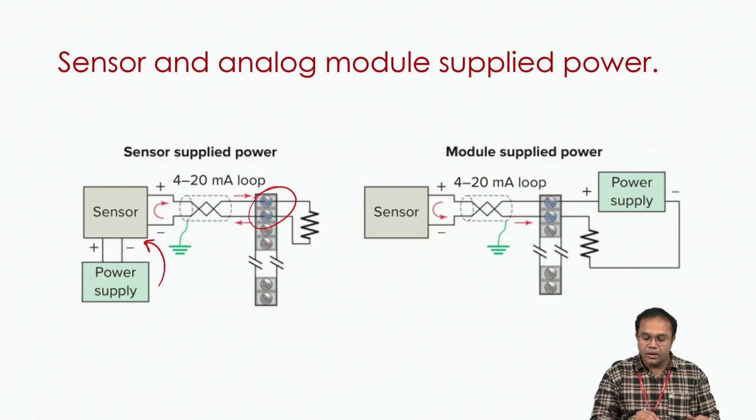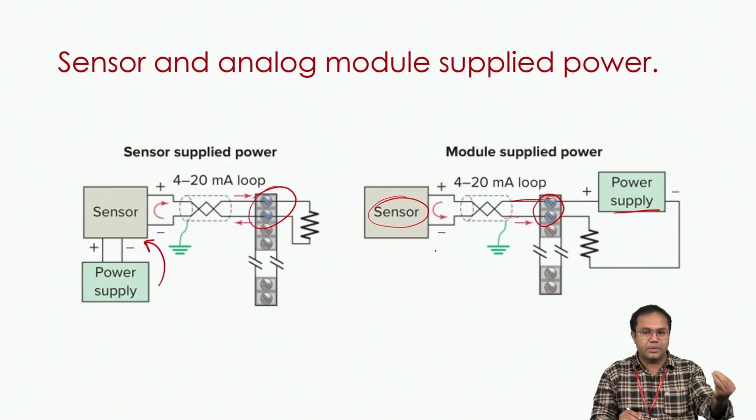Very simple. Next, we have the other image, module supplied power, which means now you can see the sensor is not given any external supply directly, but instead inside the module there is a built-in power supply. This supply will go through this terminal, so the sensor is taking the power from the module.